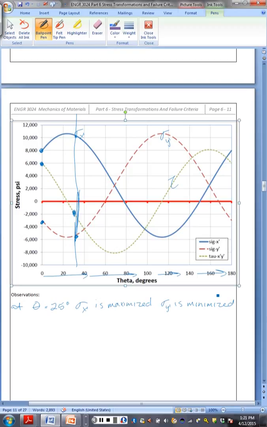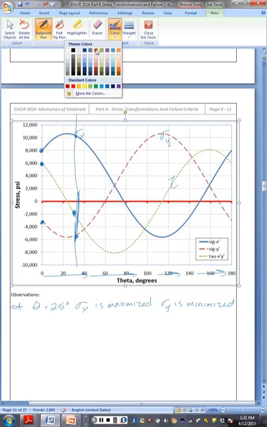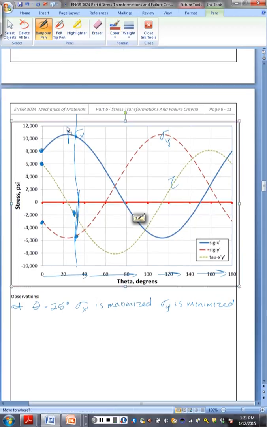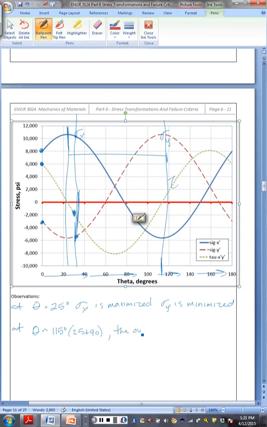Then, if you go 90 degrees from that, to about 115, where theta is approximately 115 degrees of rotation, or 25 plus 90, then the opposite is true.